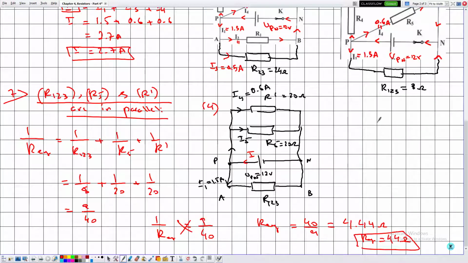So the circuit can now be simplified into the following. We have a generator, we have a resistor, R equivalent is equal to 4.44 ohms.